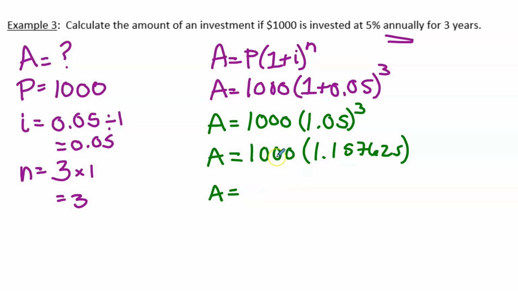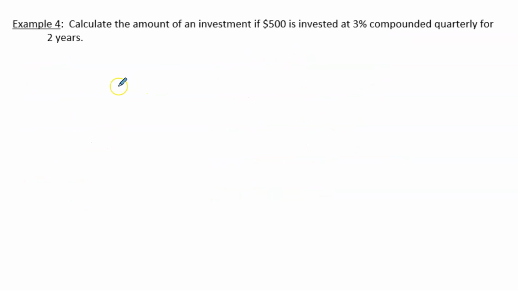So I multiply 1,000 times this number here, and we get 1157.63. Okay, and if we were perfect students, we would write a therefore sentence. So therefore, the investment is worth $1,157.63 after 3 years. Okay, I'm going to do one more example where we have a compounding frequency that's different than annually, and then send you on your way, I believe.